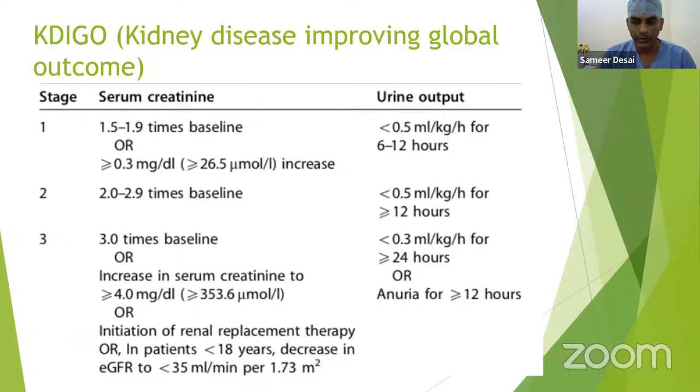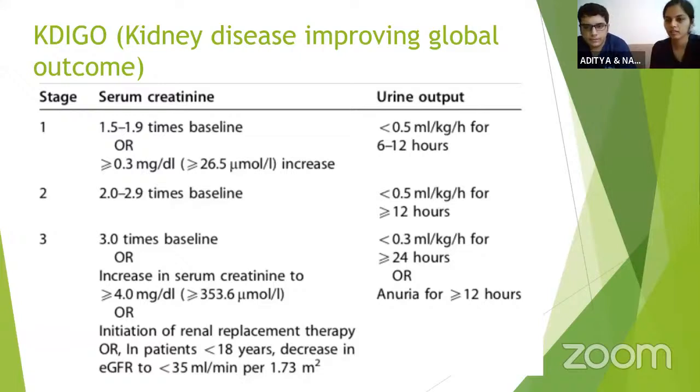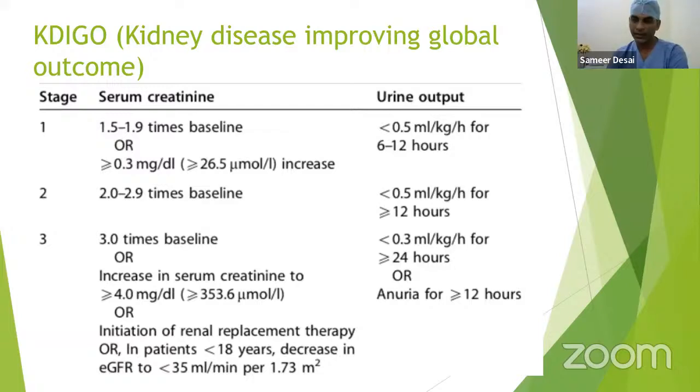All right. So why is creatinine taken as a marker? Is creatinine per se very harmful for the body? Why are you measuring creatinine again and again? It's a normal protein in the body, in the muscle.